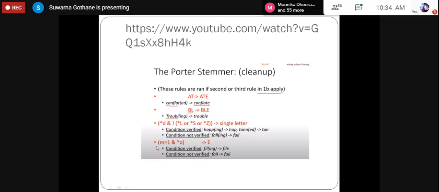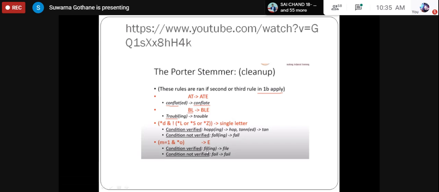Then M equals 1 and ending with O is given as empty. So filling becomes file. Sorry, this is actually E, we need to consider this E. At that time, if it is file, M equals 1. M equals 1 means a combination of vowel and consonant appears over here one time.